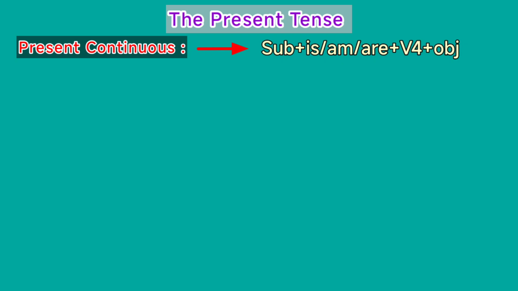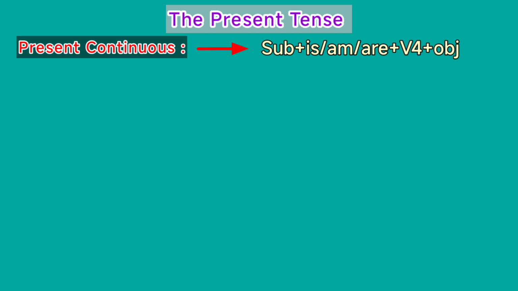Is, am, are, these three helping verbs tell us this is present tense, and V4 of the verb, meaning the fourth form of the verb, indicates continuation of the verb.